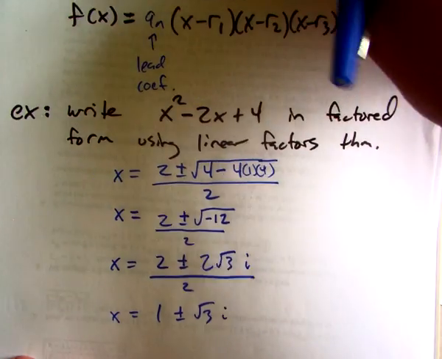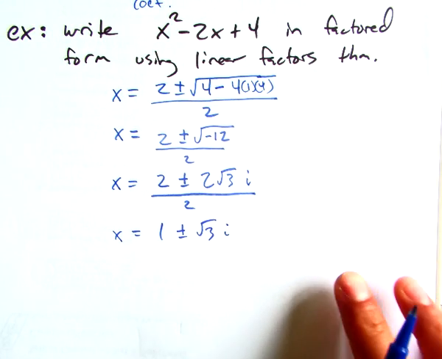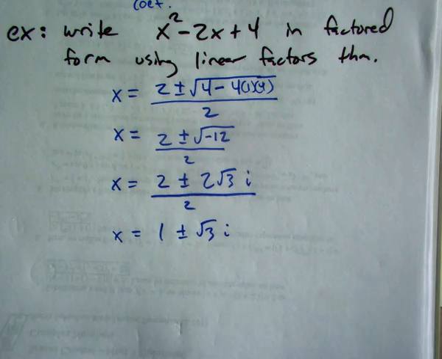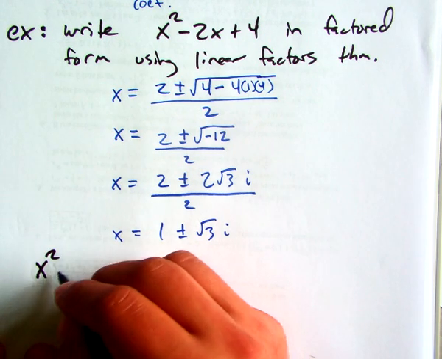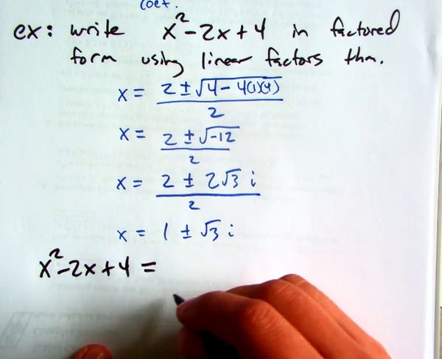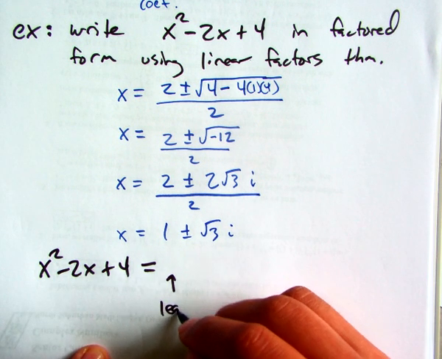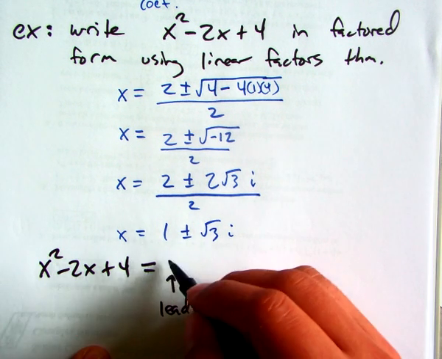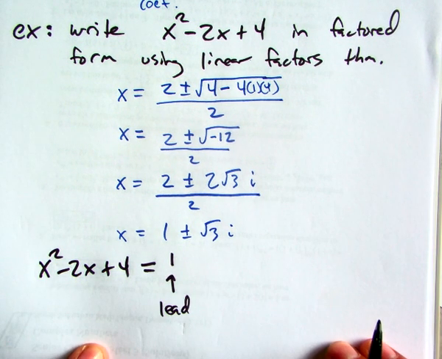So now that we know what the roots are, we can say that x squared minus 2x plus 4 equals, what's the lead coefficient? Here it's 1. We can write it in or not, it doesn't matter if it's the 1.